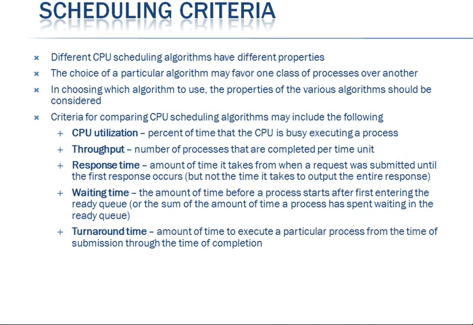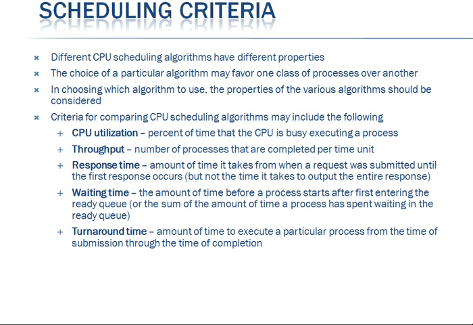Next is waiting time. The amount of time before a process starts after first entering the ready queue. This is the amount of time the process spends in the ready queue when it is first inserted. That is the sum of the amount of time a process has spent waiting in the ready queue. Next is turnaround time.